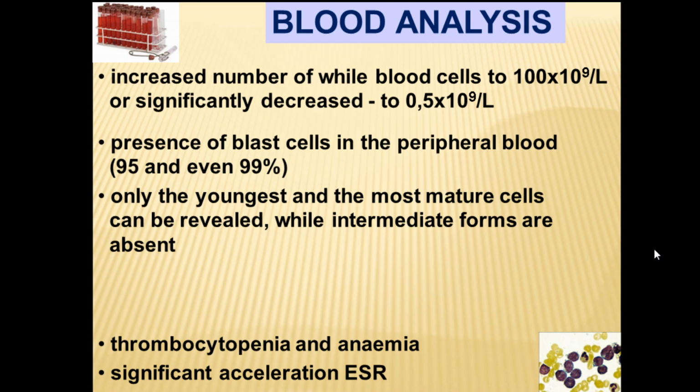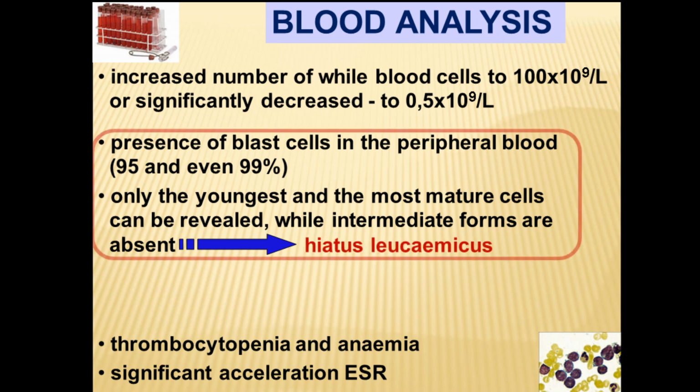And if we reveal only younger forms without intermediate forms, which indicate the process of maturation, we are talking about acute leukemia, which is characterized by hiatus leukemicus, the absence of intermediate forms between blast cells and some matured cells.